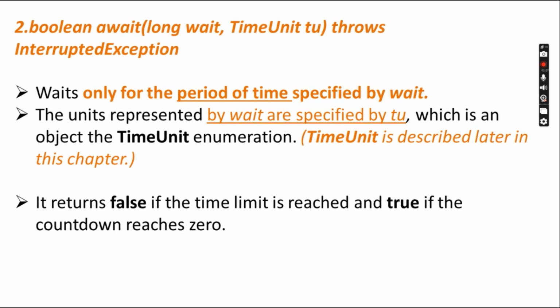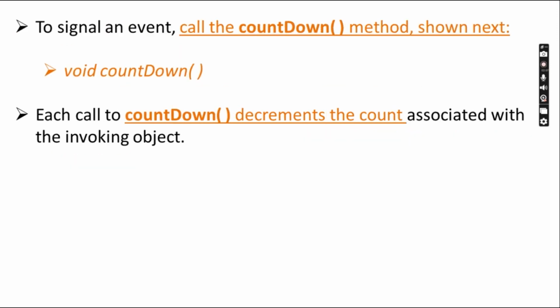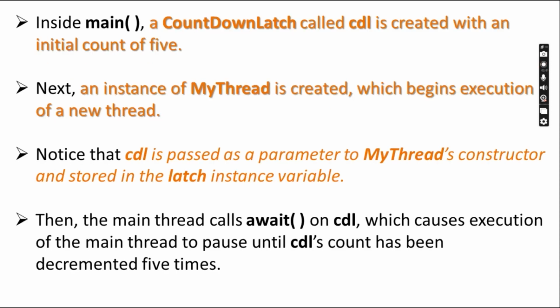It returns false if the time limit is reached and true if the countdown reaches 0. To signal an event, the countDown method is called. Each call decrements the count by 1 on the invoking object.